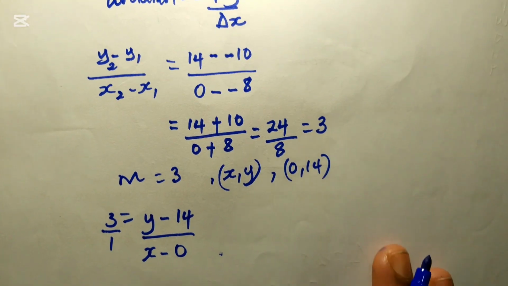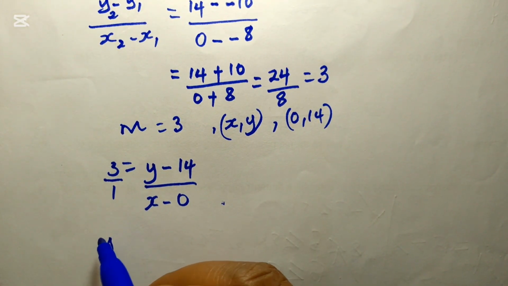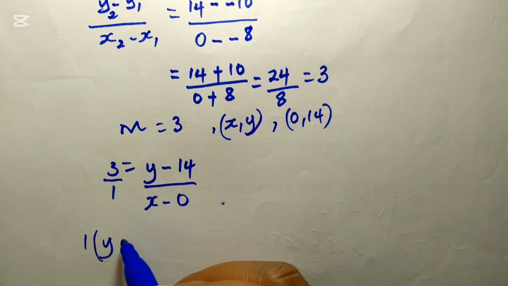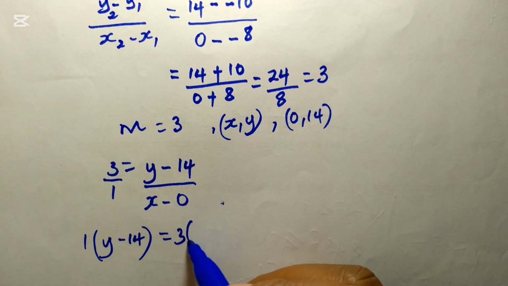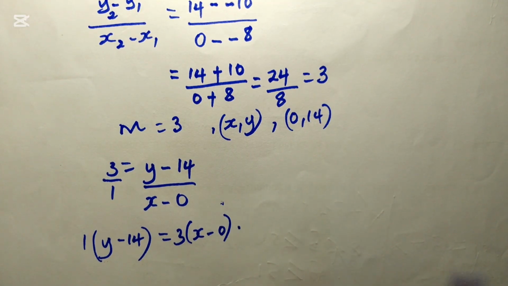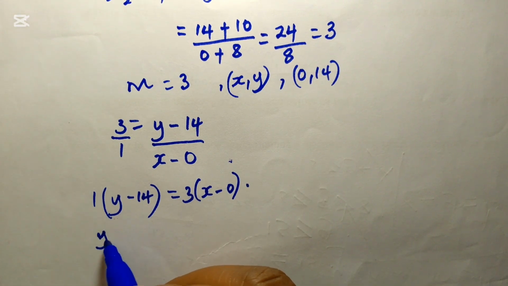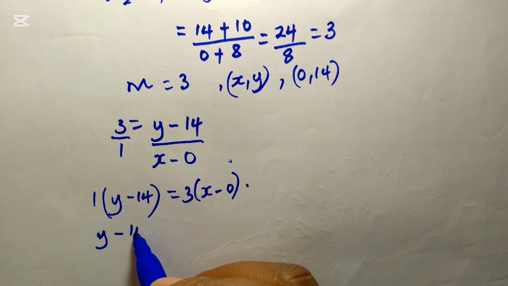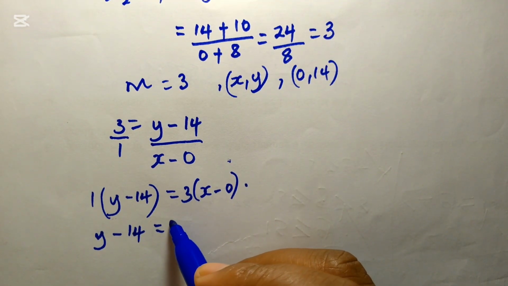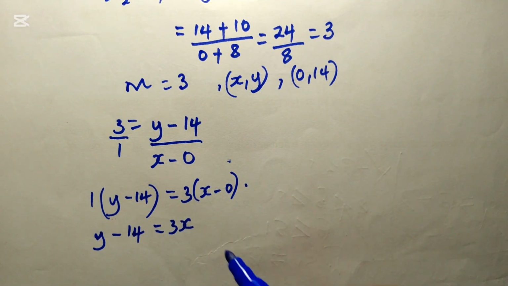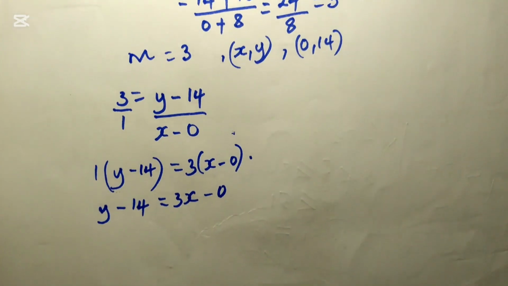Then we have 1 into y minus 14 equal to 3 into x minus 0. This will be 1 times y, which is y, minus 1 times 14, which is 14, being equal to 3 times x, which is 3x, minus 3 times 0, which is 0.